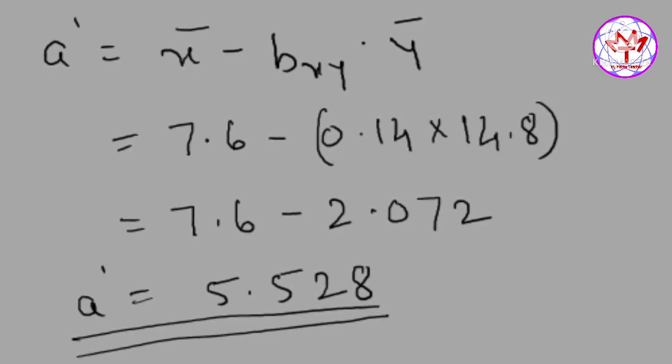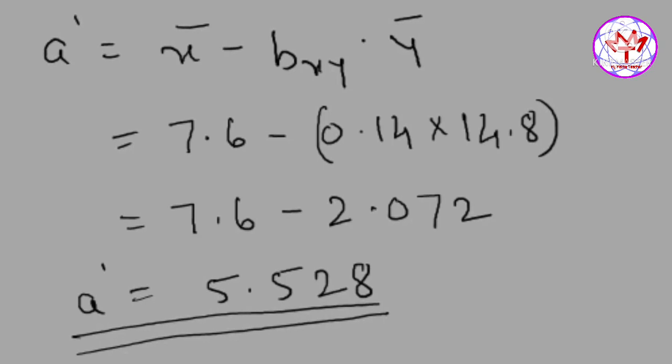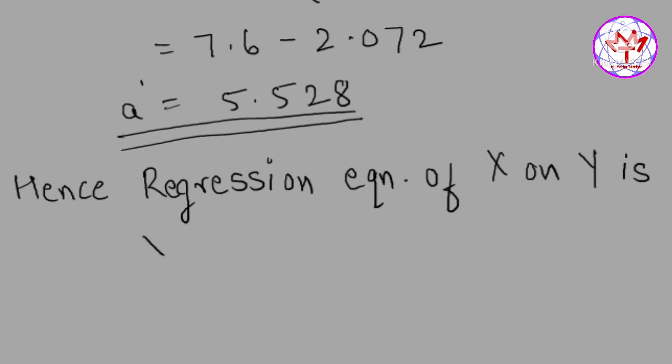So now let us substitute the values of bxy and a dash in the line of regression of x on y. It is written as x is equal to a dash. A dash is 5.528 plus bxy is 0.14 into y.